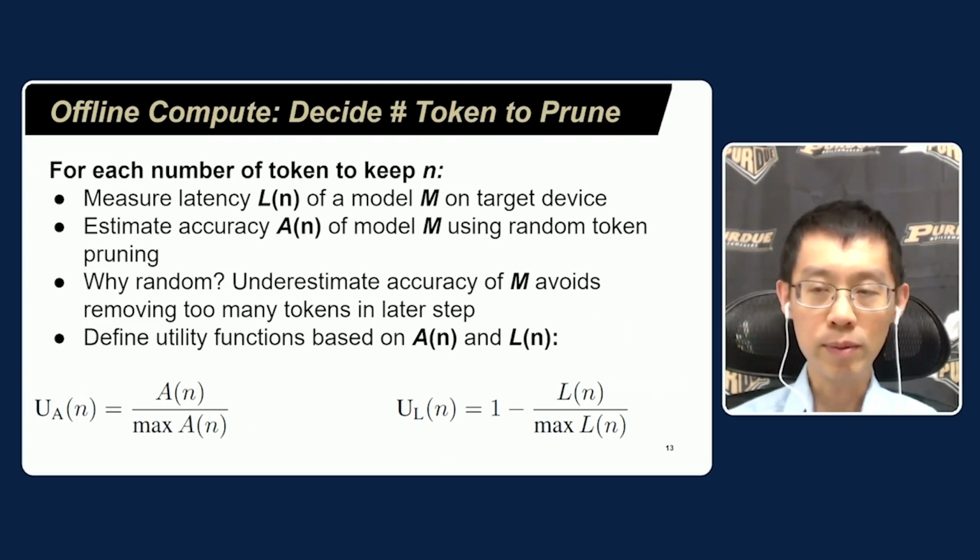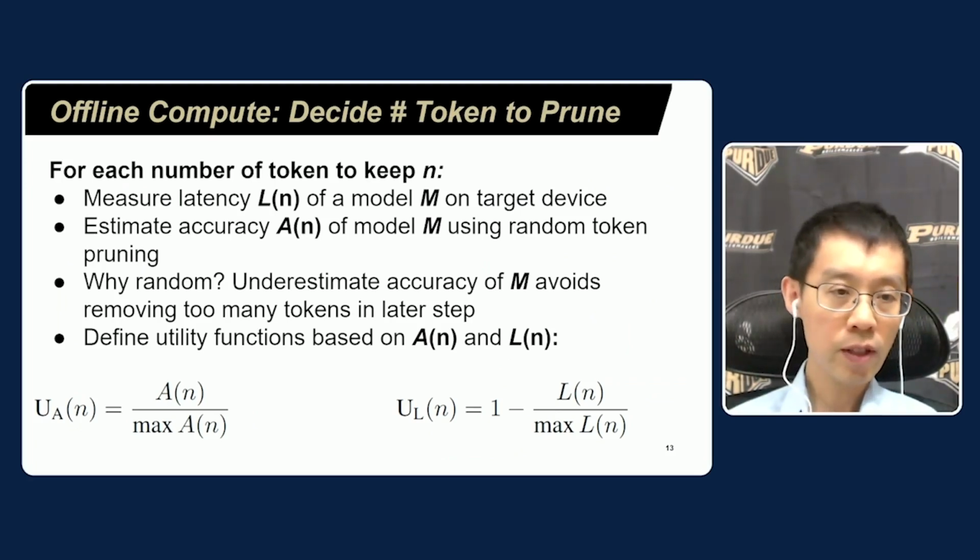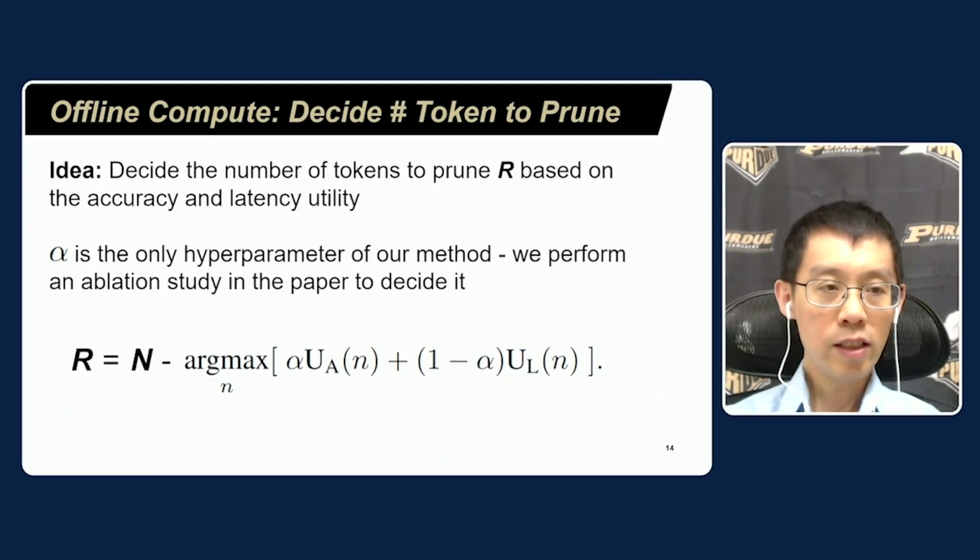So our accuracy will be better than random token removal. Therefore, using random removal is a conservative estimate of the accuracy. Then our method is basically a trade-off between the utility of accuracy and the utility of latency. We have a tuning parameter called alpha that determines whether we want to put more emphasis on accuracy or more emphasis on latency.